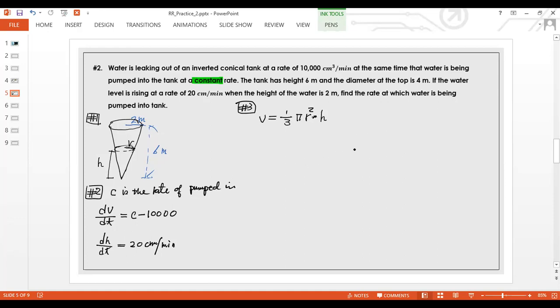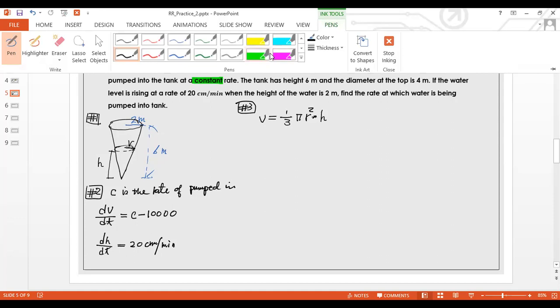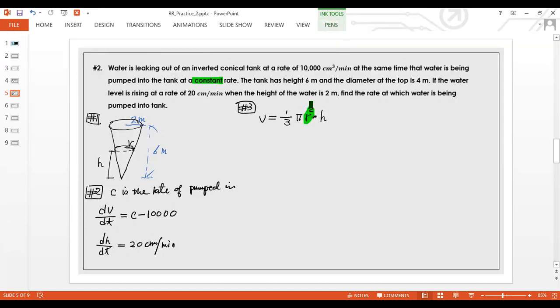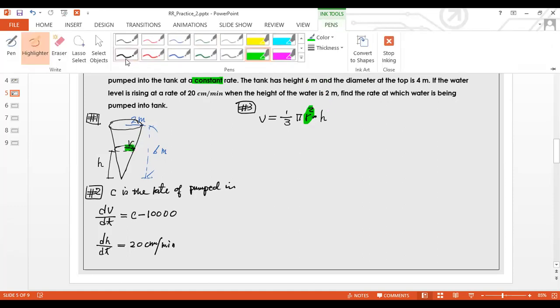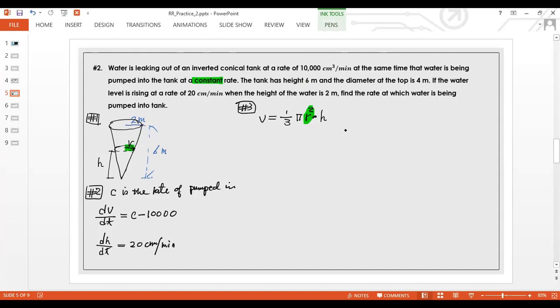And the key thing for this problem here is there's no information given for the r. So if the r is here, right, we need to find what the r value is. How is it related to the h value here, right? So think about this cone here.